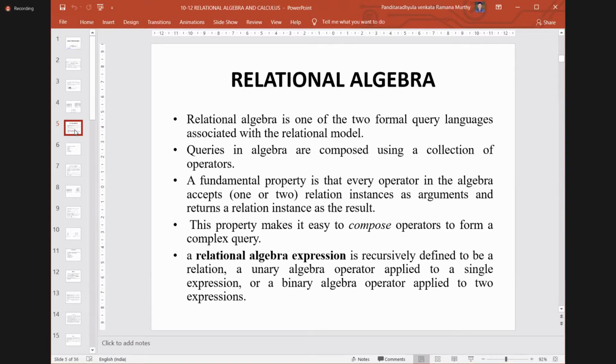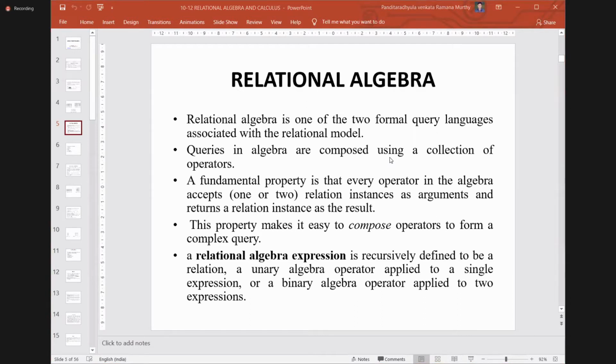In relational algebra, as in mathematics, we know it contains a lot of operators. Using the operators, we write the relational algebra statements. The same way here also we are using them, but the representations may be different.